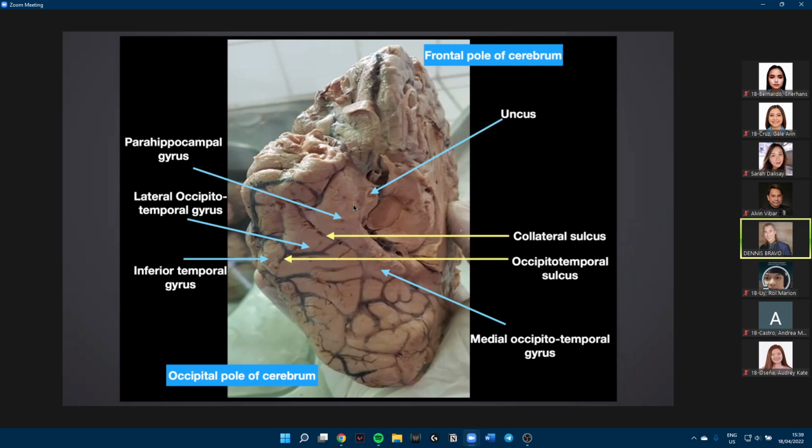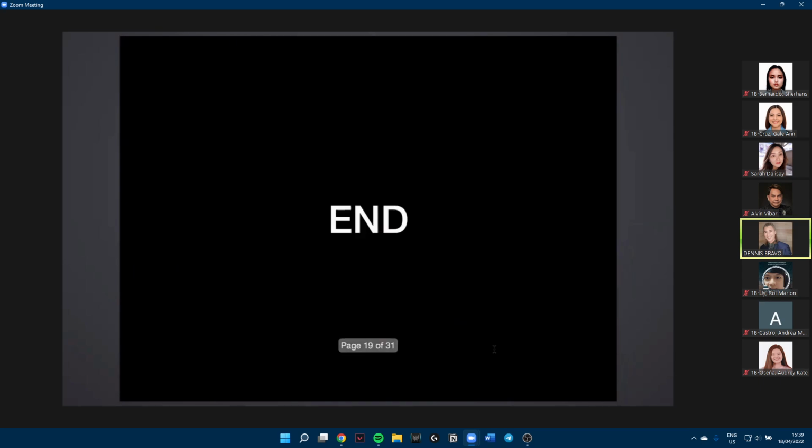Okay, finally, if we follow the parahippocampal gyrus right here, posteriorly and inferiorly, it continues into what we call the medial occipito-temporal gyrus.